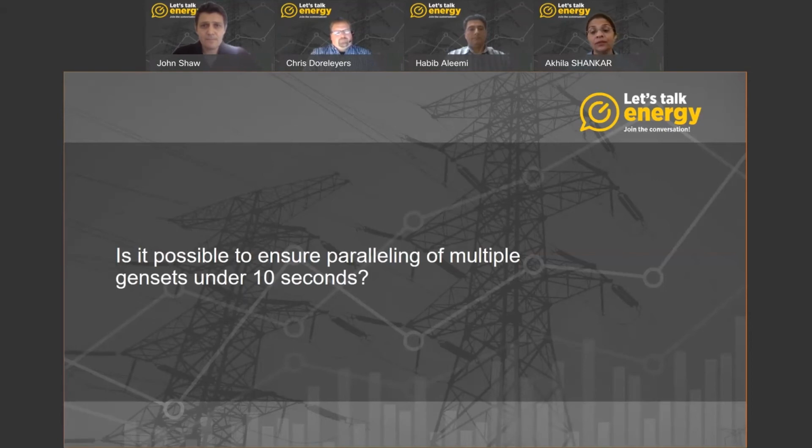Synchronizing these multiple gensets within 10 seconds each and every time is guaranteed using CEP. This design has been fine-tuned and proven over the last decade at dozens of hospital sites. It is to be noted that we are talking about synchronizing multiple large units, like 1 megawatt, 1.5, and 2 megawatt, within 10 seconds.